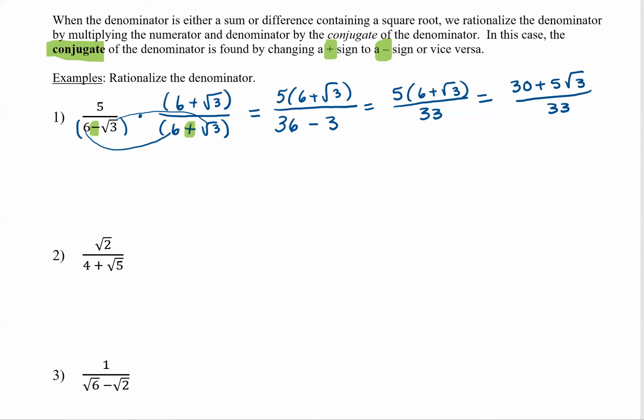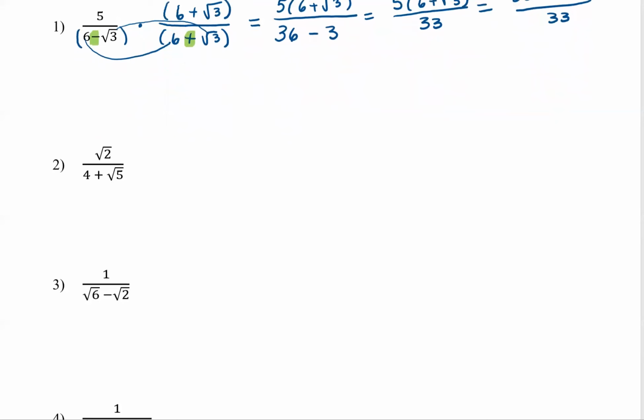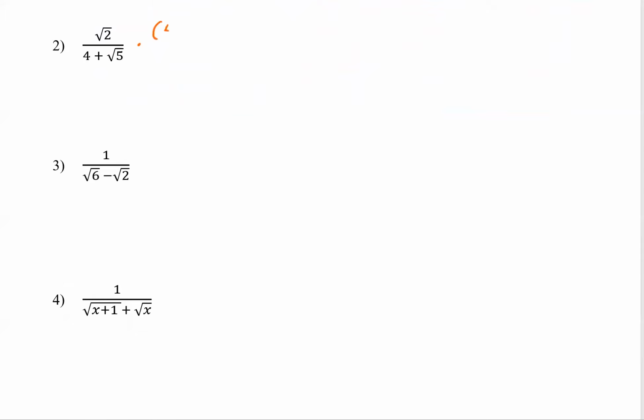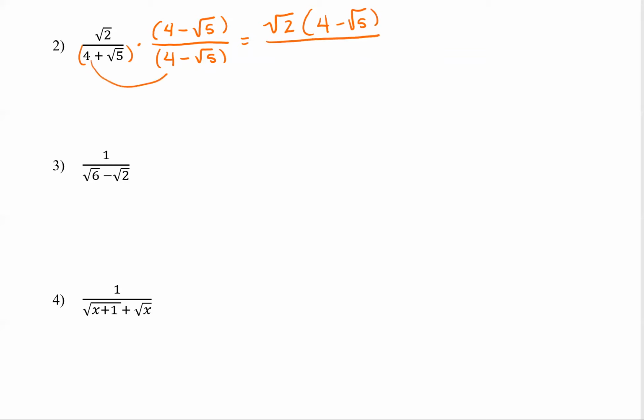All right, let's look at number 2. So we want to multiply by the conjugate. So that's 4 minus square root of 5 over 4 minus square root of 5. We need to multiply the first and the last. 4 times 4 is 16.